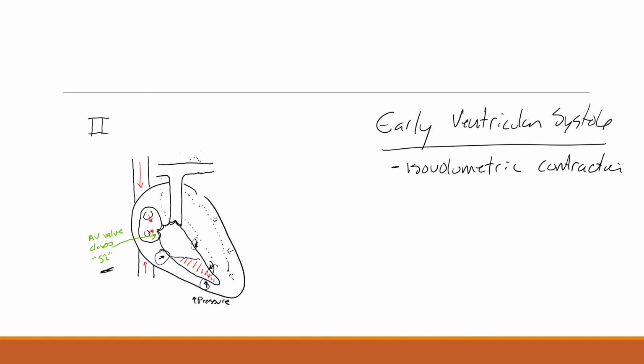We haven't ejected any blood yet. Okay, but what does happen is as we start to contract, the AV valve closes very quickly, and so it slams shut. So that tricuspid valve or that mitral valve closes and quickly closes it off, so that way blood doesn't go directly back into the right atrium or into the left atrium.